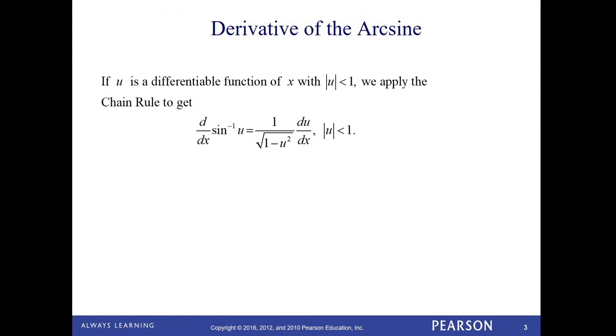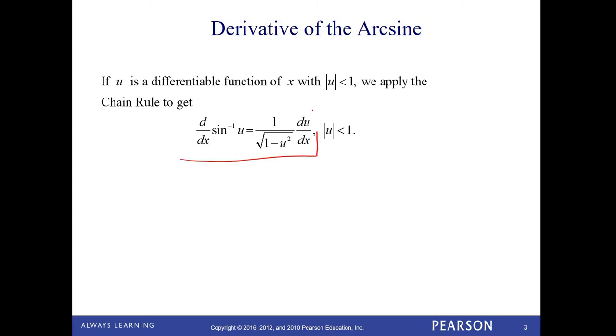First of all is the derivative of arc sine, or sine inverse. If u is differentiable with absolute value of u less than 1, because we know that we can't have a sine function greater than 1, we apply the chain rule to get this rule.